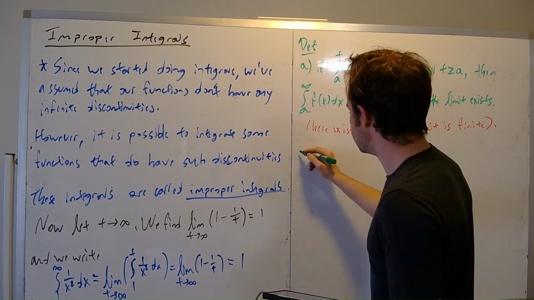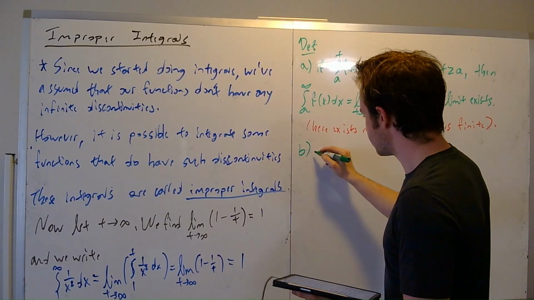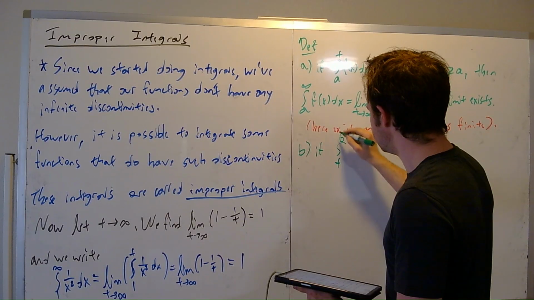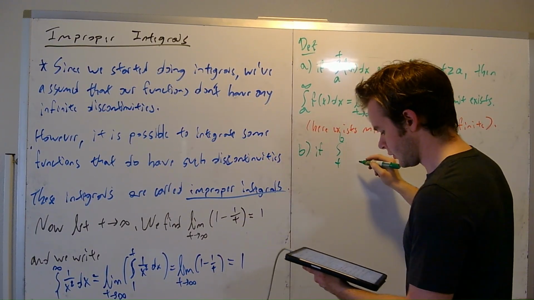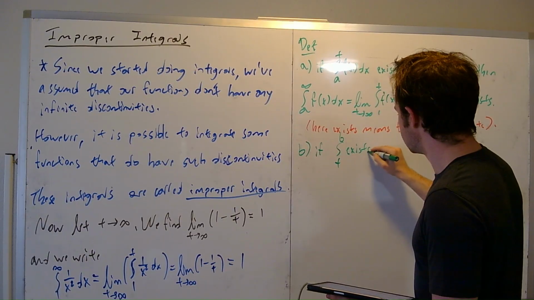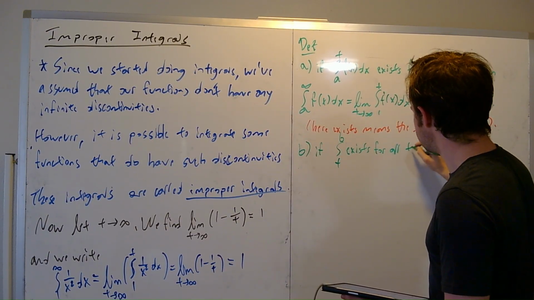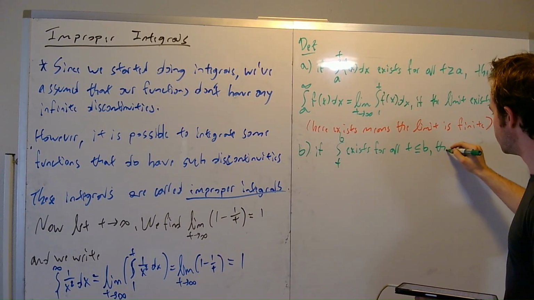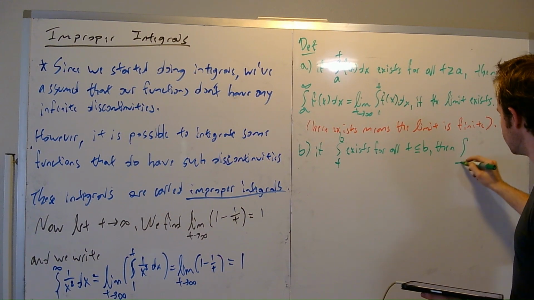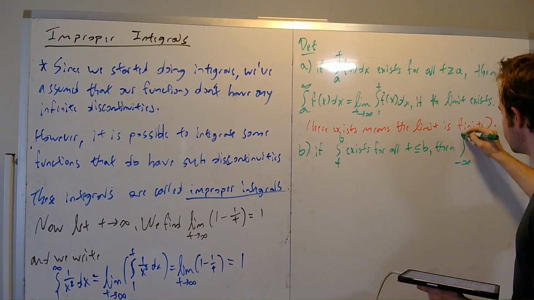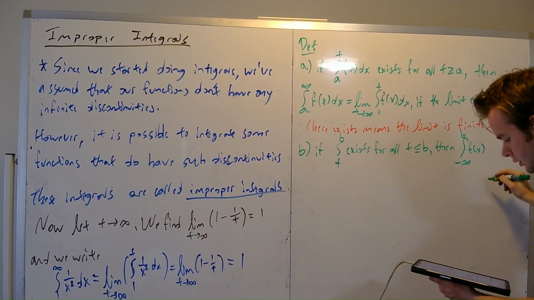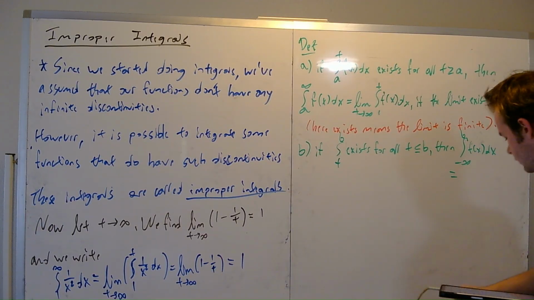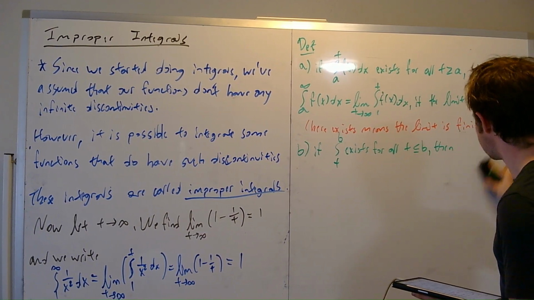Part B is very similar. Part B is going to say if the integral from t to b of f of x dx exists for all t less than or equal to b, then the integral from negative infinity to b of f of x dx equals, let me just rewrite this down here.